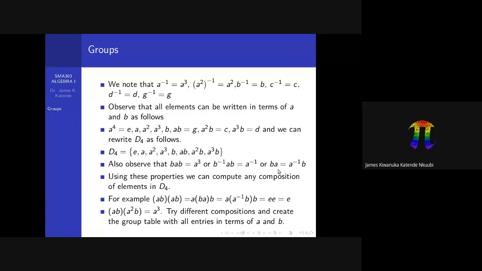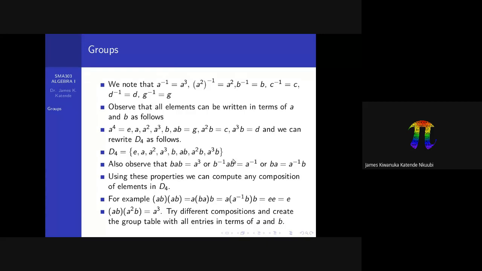From this relation, you can multiply both sides of this equation on the right by B. If you multiply by B here, you will get B squared, which is just the identity.